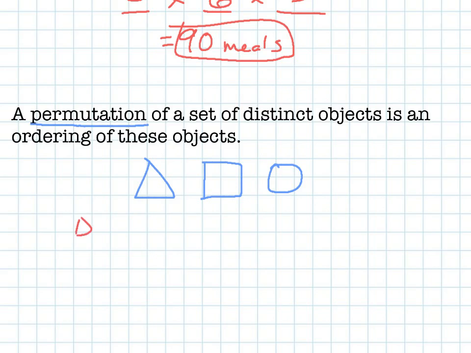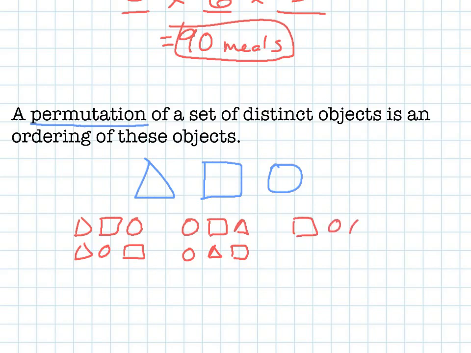So triangle, square, circle; triangle, circle, square; circle, square, triangle; circle, triangle, square; and then square, circle, triangle; square, triangle, circle. So there I have all my 6 ways of ordering these. Okay, I put each one first and then switch the other two's order around for each one.